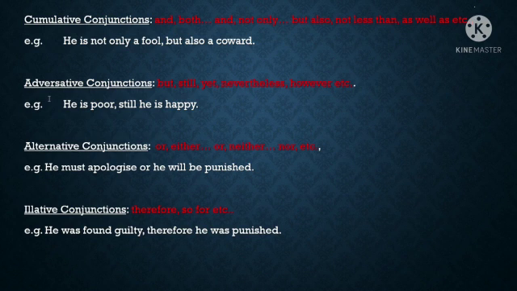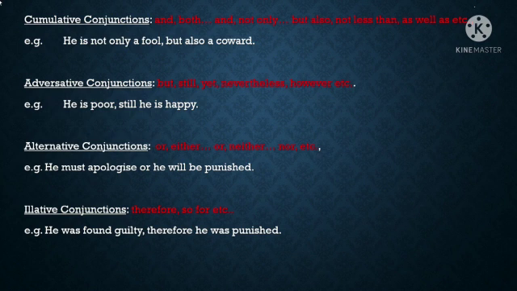Alternative conjunctions: or, either or, neither nor, etc. I have given only some of the conjunctions here, students. Okay, see the example. He must apologize or he will be punished. The last one is illative conjunctions. Therefore, so, for, etc. See, illative conjunctions are concluding conjunctions.